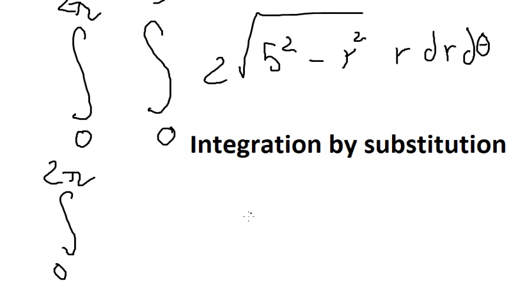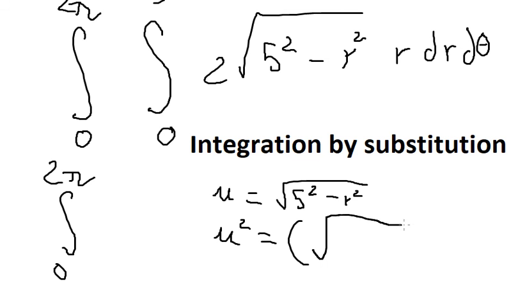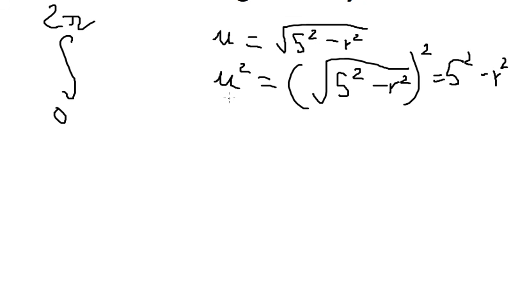I will put u equals the square root of 5 squared minus r squared. Then we square both sides so that we can cancel the square root, and you get 5 squared minus r squared. Then we take the derivative of both sides.